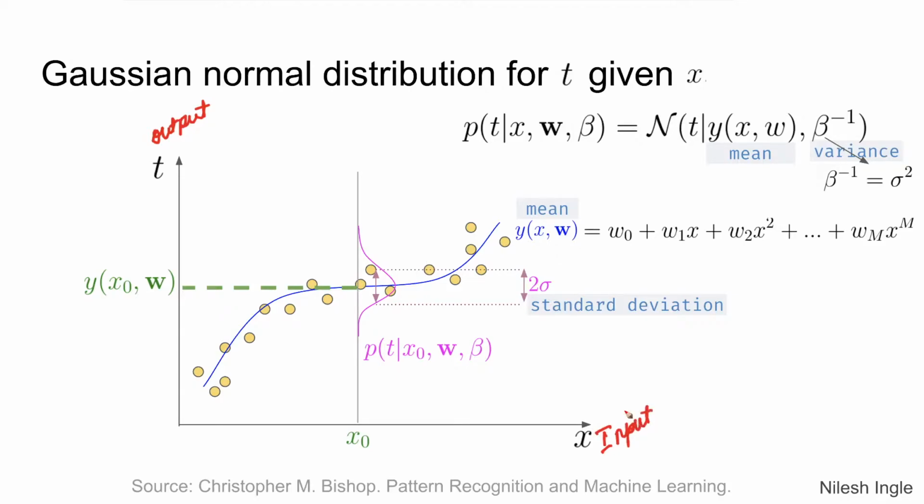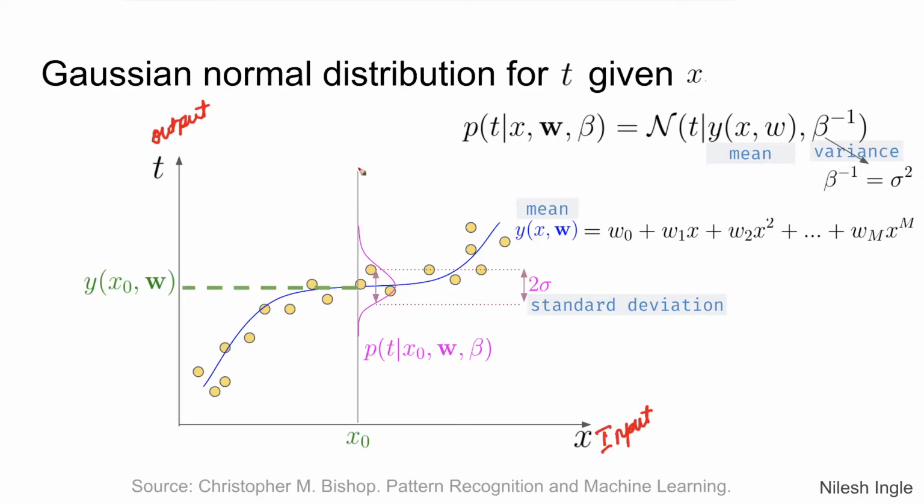Usually, what we have seen so far in linear regression is that for a particular input x, when we output a value for y, or in this case t, it's a single data point. However, with Bayesian regression, the output is not a single data point, it's a distribution.